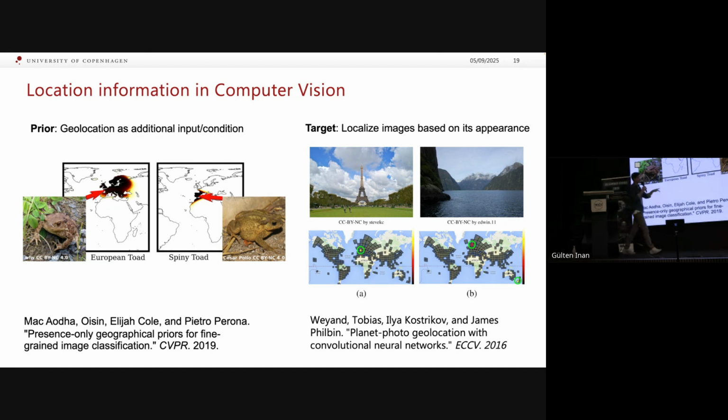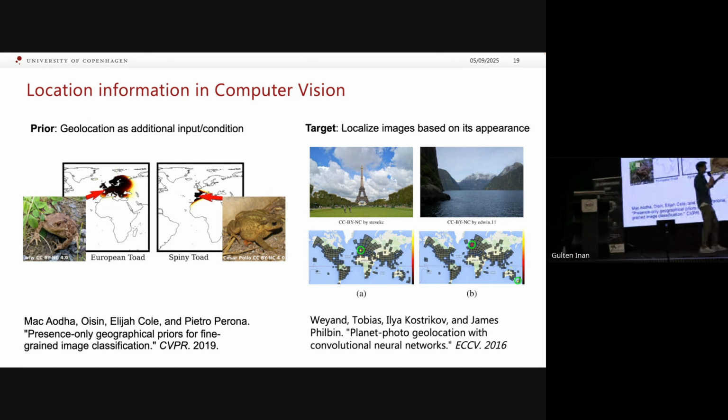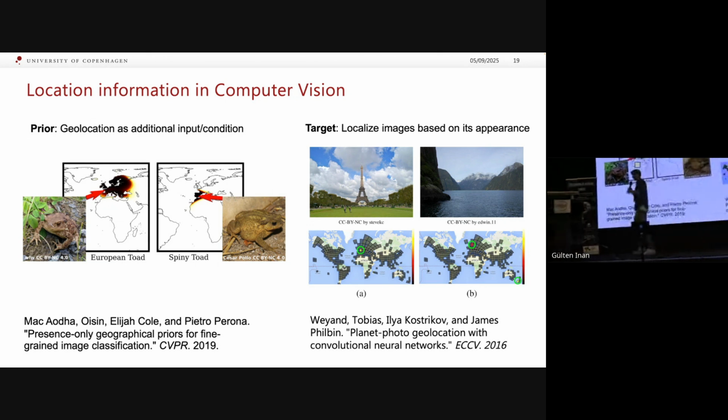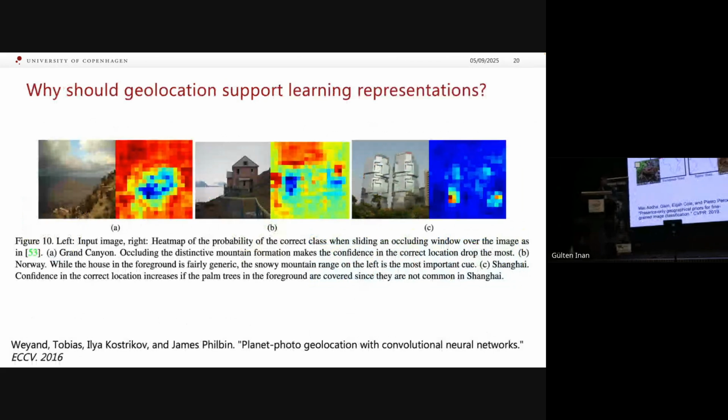In this particular study, the end goal was to localize it. But an interesting illustration here, also from that paper, is what happens when you ask a model to localize an image just by looking at the image. They were trying to visualize the importance of different regions in the image by hiding or masking out a specific part of the image, and then seeing how the confidence of the network reacts.